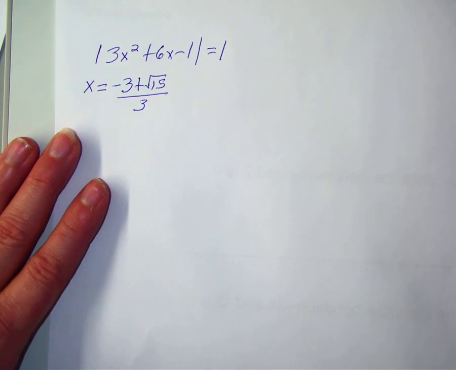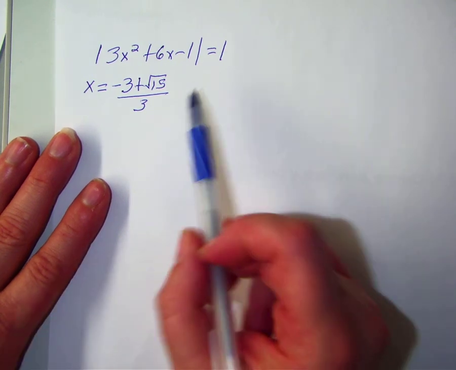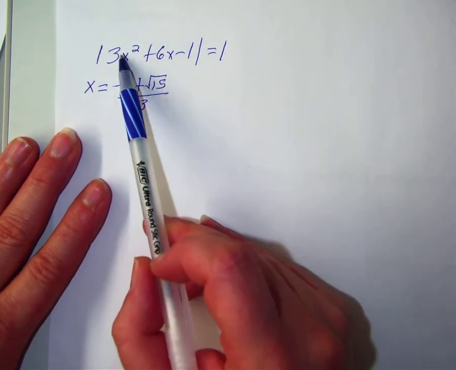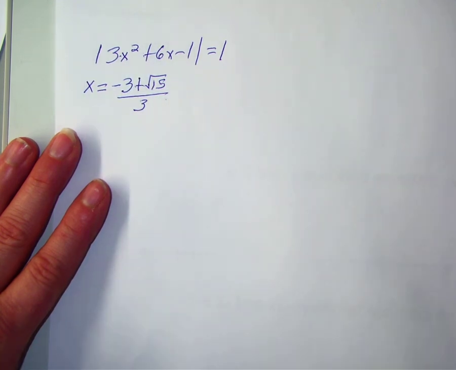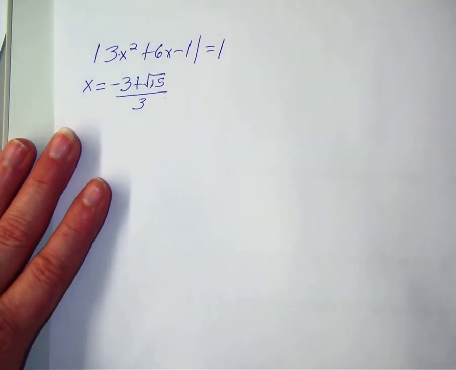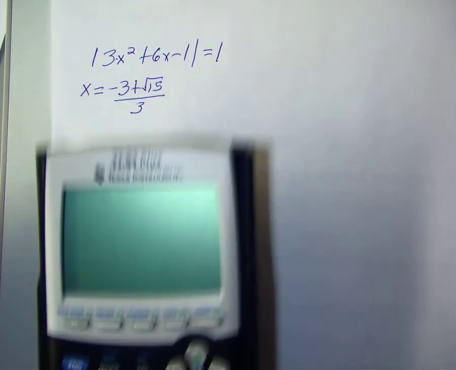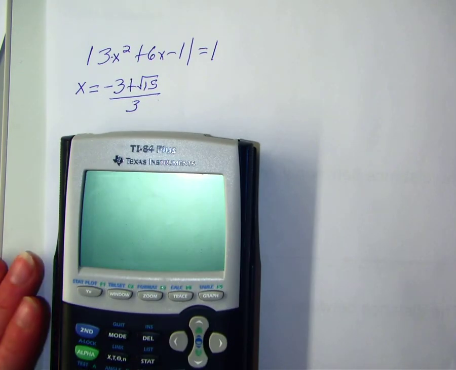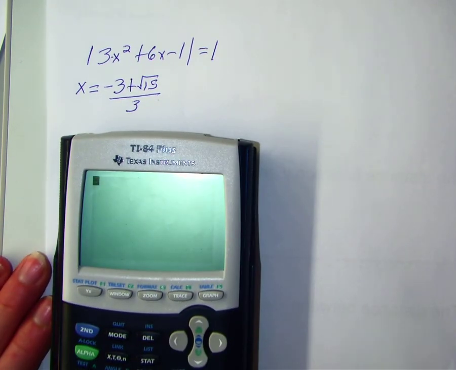Rational number. I really don't want to have to algebraically simplify squaring that and multiplying it by 3 and whatnot. So I'm going to use the God-given technology and come up with a decimal for that, which is going to give me an approximation.